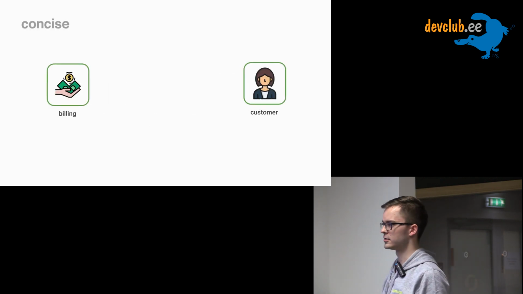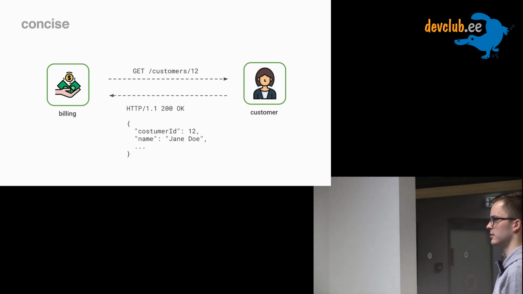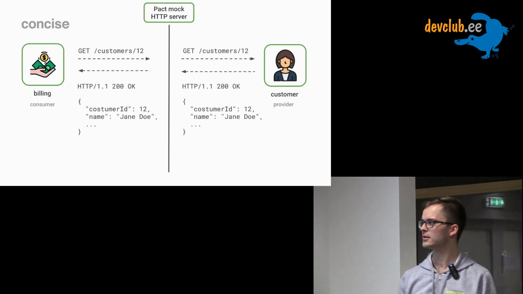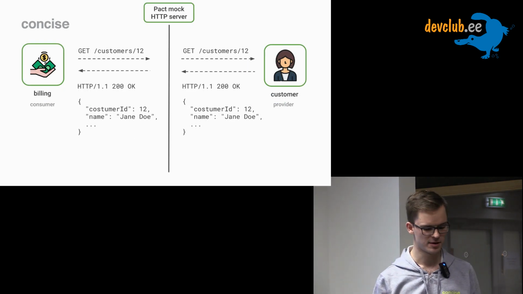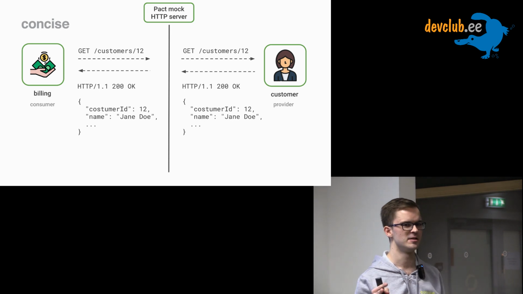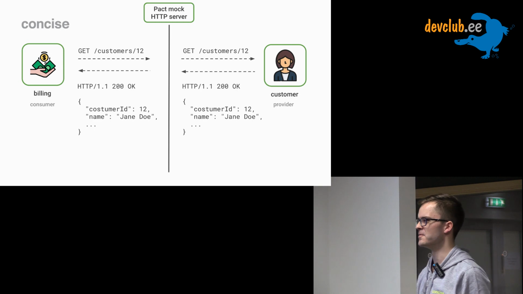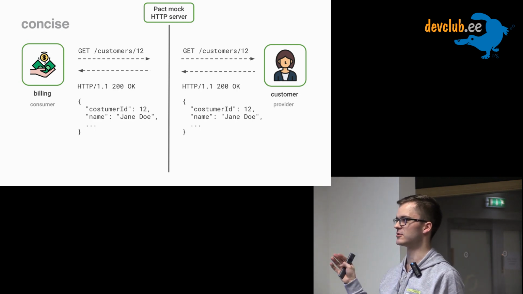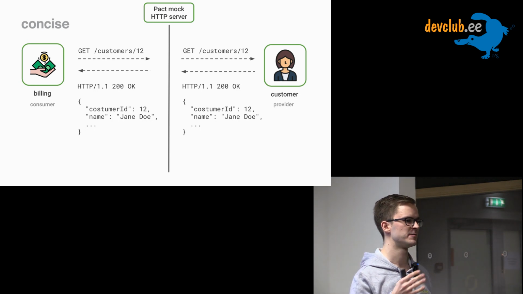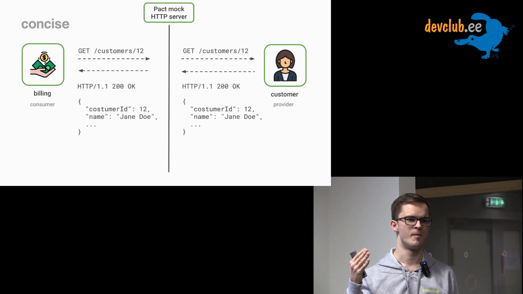So to recap, we have billing and customer, which made requests. Here we see the typo, customer ID. But what Pact does is step in between them and separate these two services in space and time. Meaning that to test the integration between them, you don't have to have them both up and running at the same time.